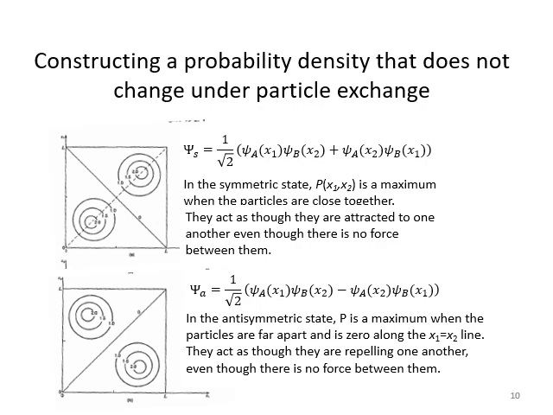That is, on the average, particles spend more time away from one another than close to one another. Here they're close to one another: x1 is small, x2 is small, x1 is large, x2 is large. Over here it's large, small, small, large. So they behave as though they're repelling one another. Even though there's no force between them, if they are in these states, they behave as though they're repelling one another. Their energies don't change, but they behave in that way.